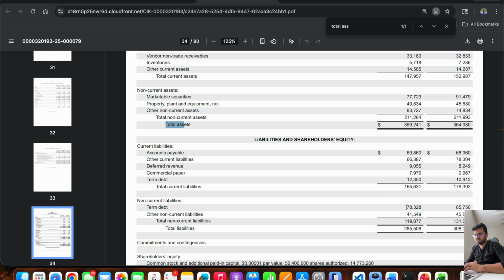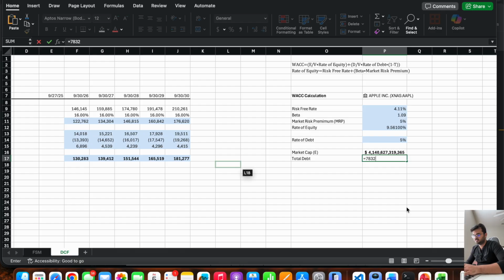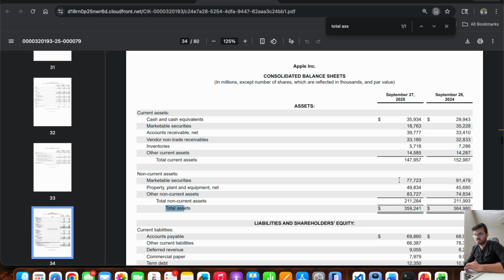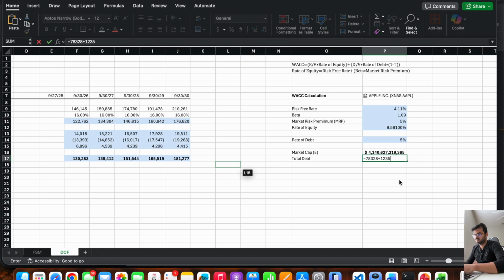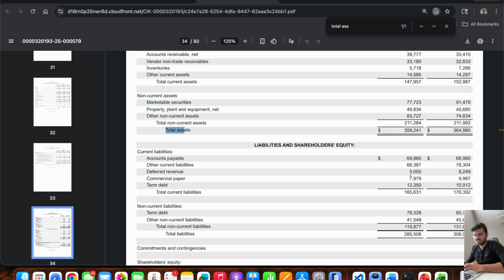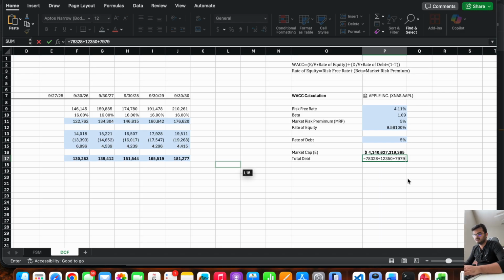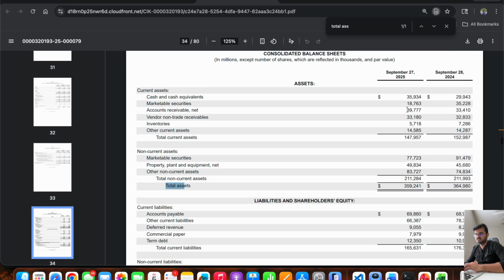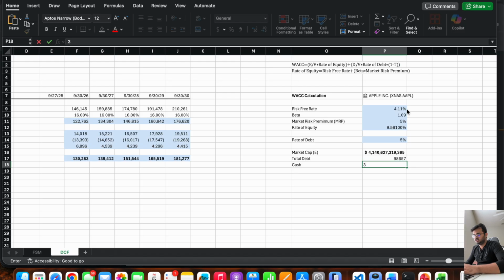In this case, 78,328 plus the term debt 12,350 plus the commercial paper 7,979. Then I have cash. Cash is 35,934. My apologies.